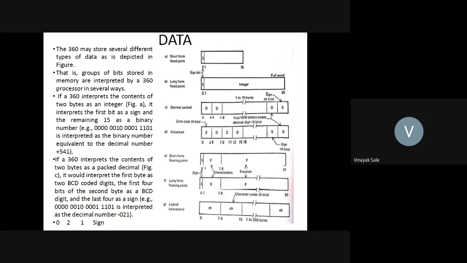So the IBM 360 machine interprets contents of 2 byte data, see in figure B or figure C. Figure B is also 1 byte data, and figure C is 2 byte data.